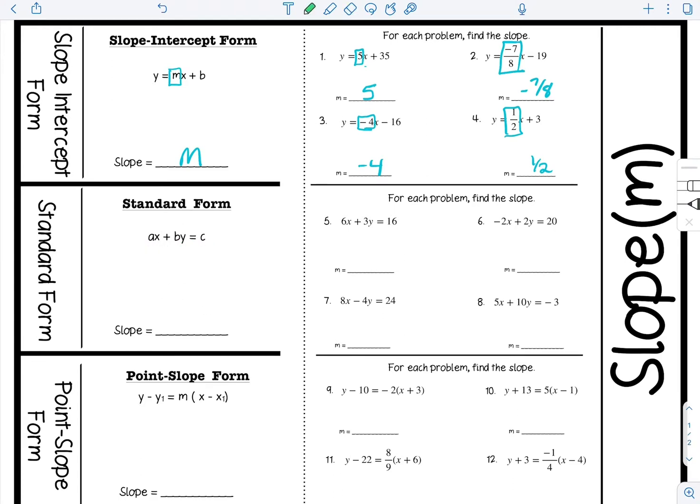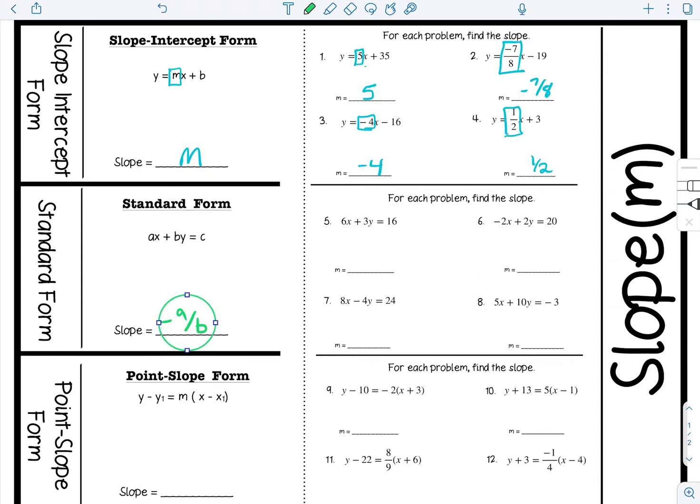To find the slope, we can use negative a divided by b. And you may be saying, what? Right? But basically, we're turning this standard form into slope-intercept form, all right? And we do that instead of teaching you the whole thing. We just use this formula.